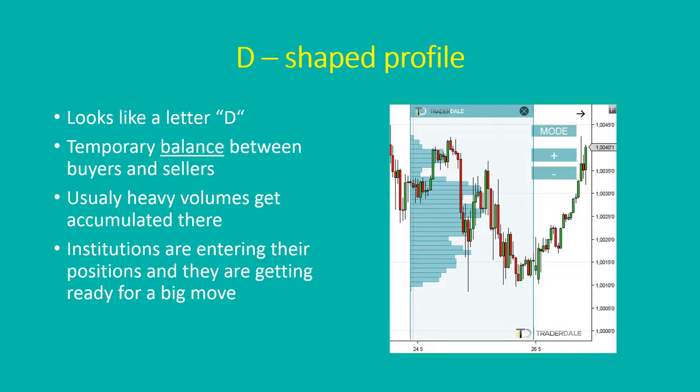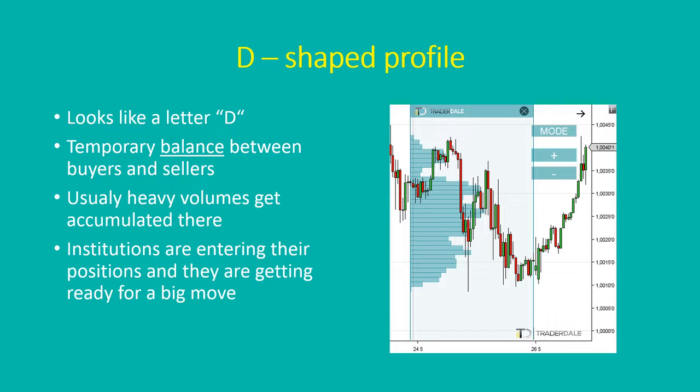The first, most basic one and also the most frequent is the D-shaped profile. It's called D-shaped profile because it has the same shape as the letter D. If you look at this picture, you can see that more or less the profile is D-shaped. What a D-shaped profile means is that there is a temporary balance between buyers and sellers.